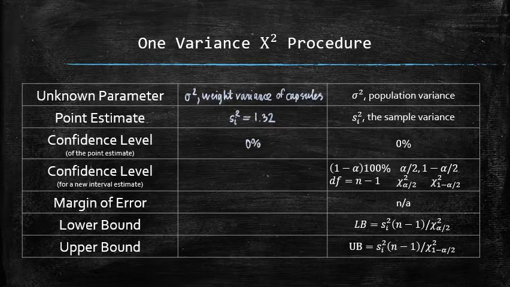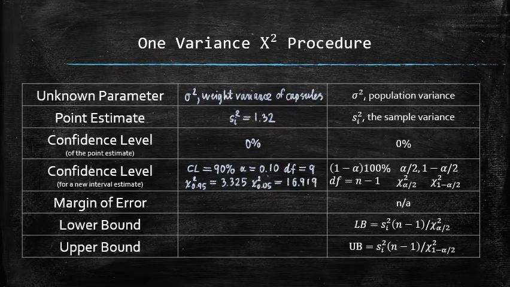The new confidence level that we have set is 90%. So alpha must be set equal to 0.1. Because of the sample size, the degrees of freedom are 9, which is 10 minus 1. Using this information, we compute the critical values, chi-squared 0.95 and chi-squared 0.05.